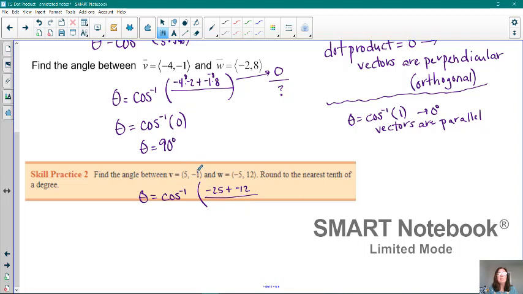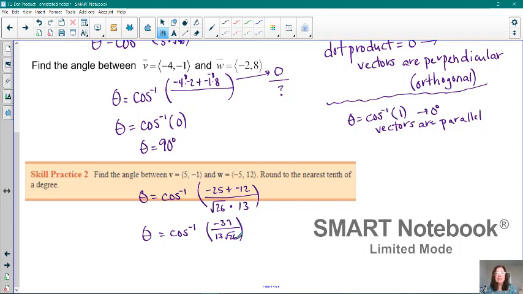That's going to be 25 plus 1, that's square root of 26, times negative 5 squared is 25, 12 squared is 144, 25 plus 144 is 169, square root of 169 is 13. So on our calculators, and you could let your calculator do the whole thing, of course, that's not a problem. We'd have negative 37 divided by 13 times the square root of 26.